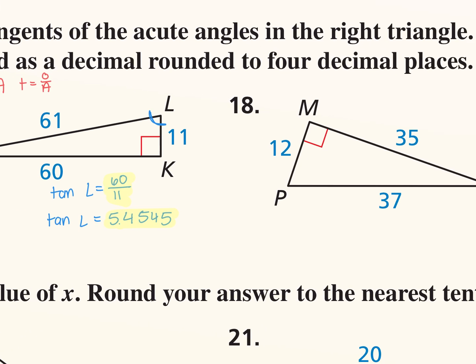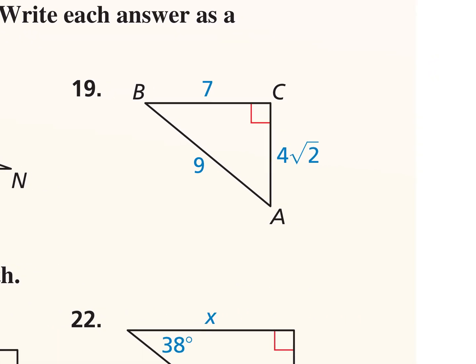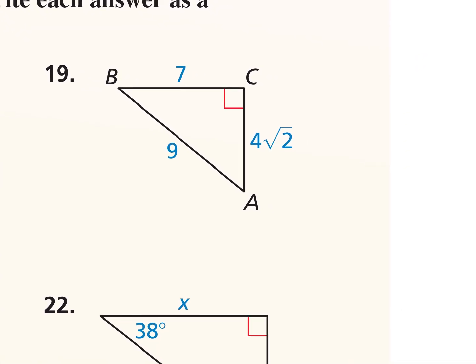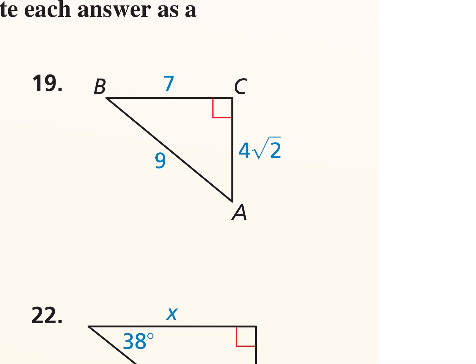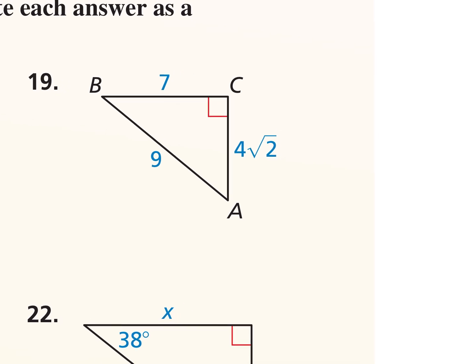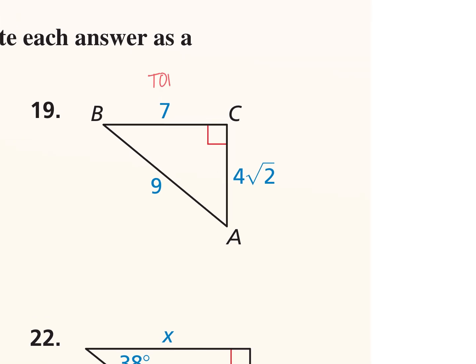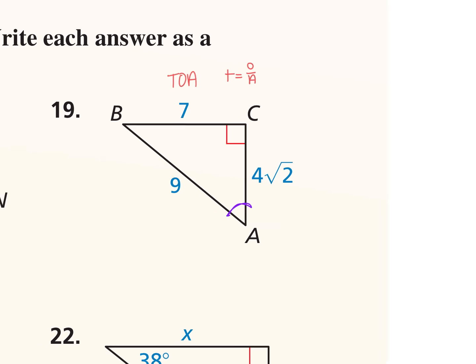All right, going ahead and going to number 19, doing the same thing for 19. Just writing it again, tan is TOA. And that's opposite over adjacent. So going ahead, I'm going to go ahead and do angle A first.